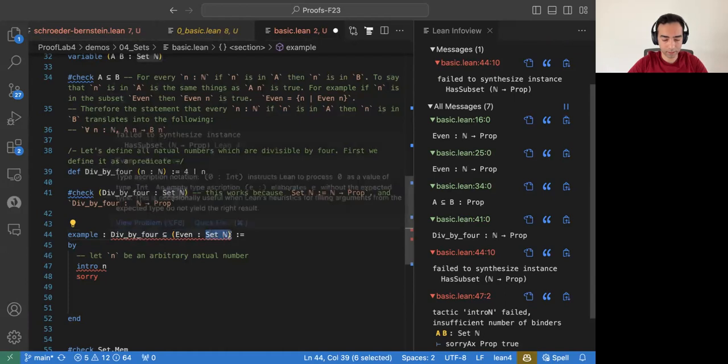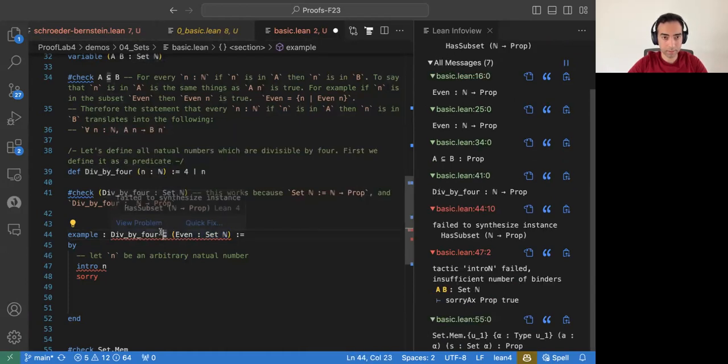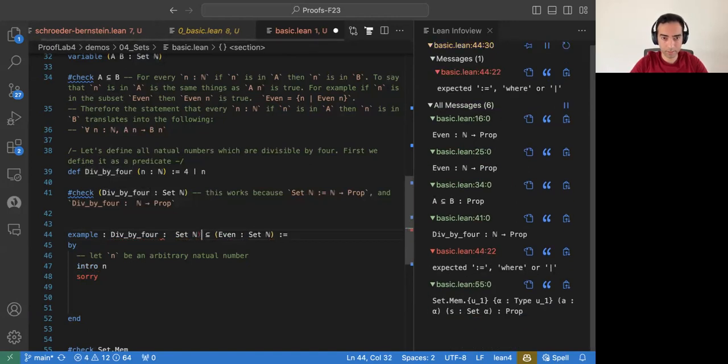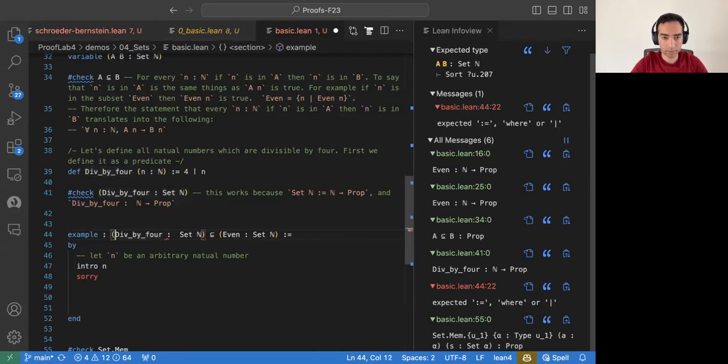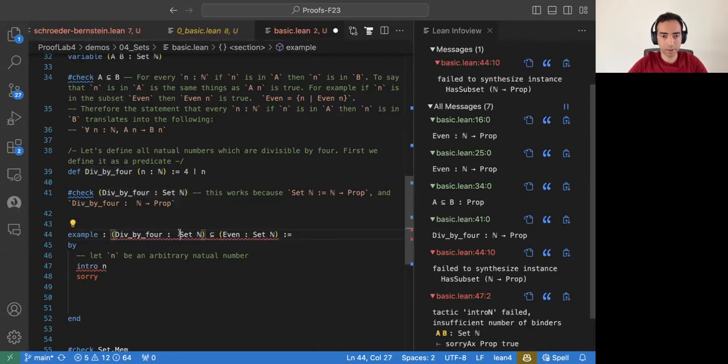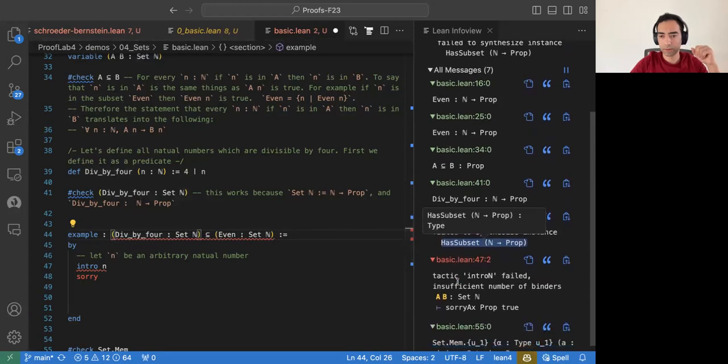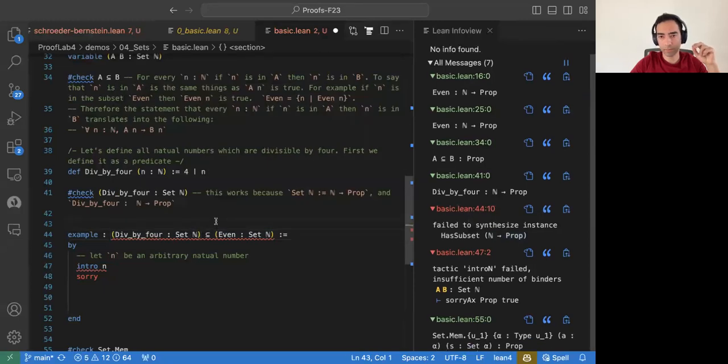Maybe this as well. Okay, still doesn't work. And to prop. Okay, we can do one trick to make this work, I guess.